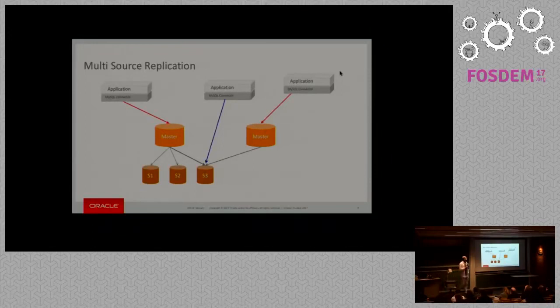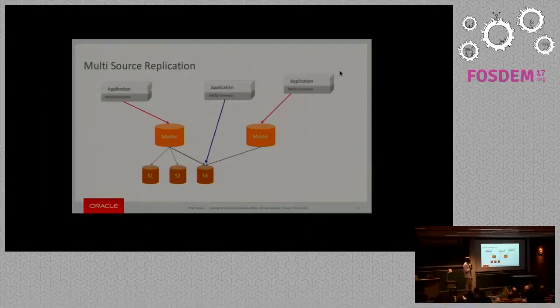And also on early 5.7 GA, we added multi-source replication. So multi-source replication added to the slave the notion of channel, and the channel is basically a connection to a master, and a slave can have several channels. So a slave can receive information from several masters.